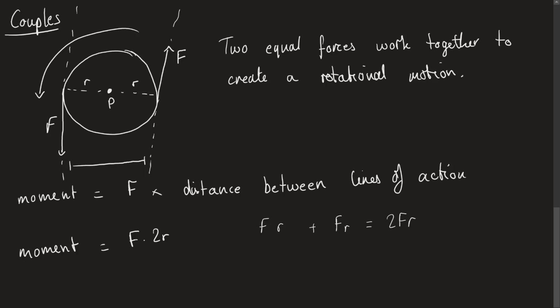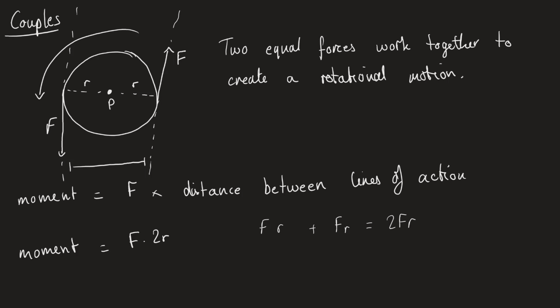So whether you do it via the force times the distance between the lines of action, or just add together the two moments acting in the same direction, you'll get the same answer. So it's really up to you which one you prefer using, or which one you're more comfortable with using, but both should give you the same thing.